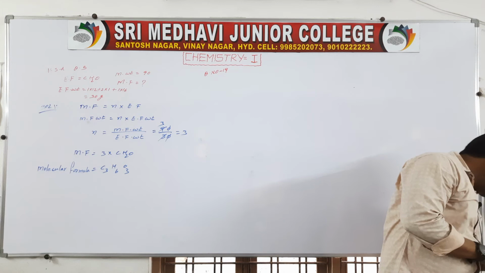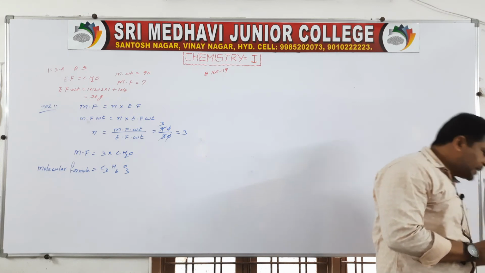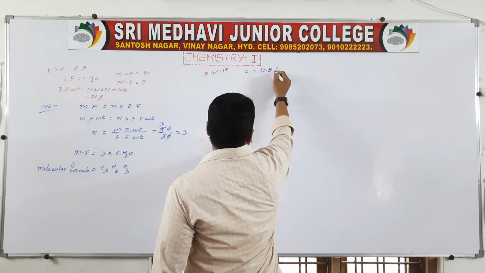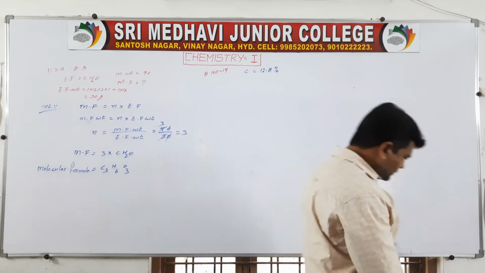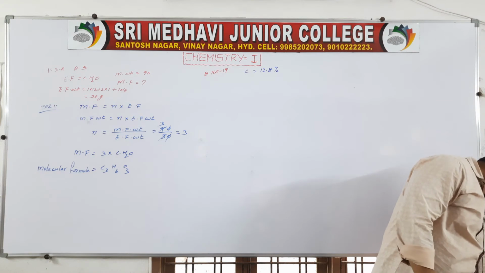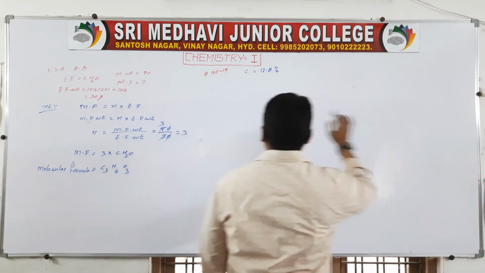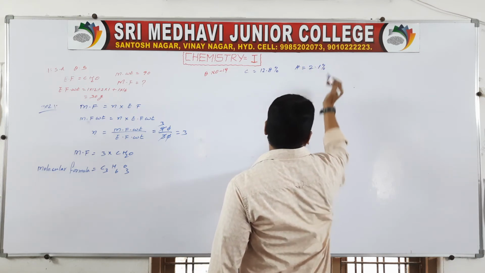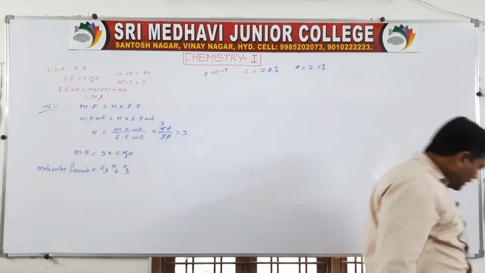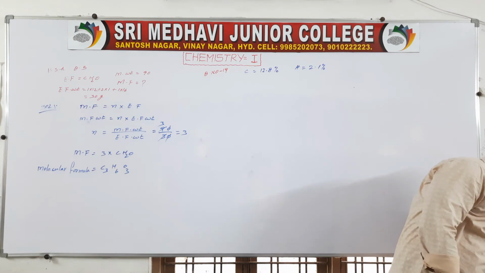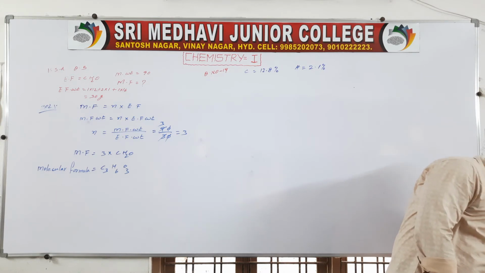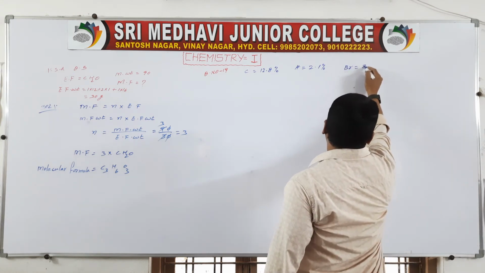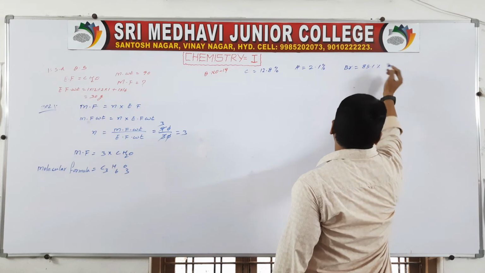A carbon compound contains 12.8% carbon, 2.1% hydrogen and 85.1% bromine.